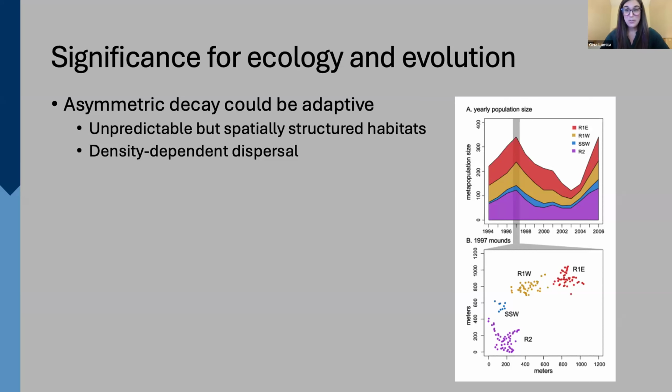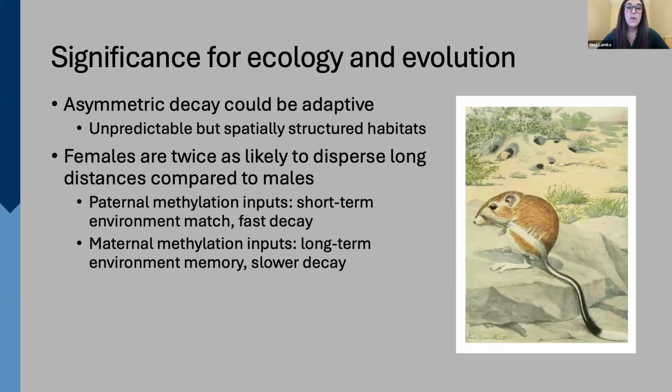But what's really cool about this is that females are twice as likely to disperse these long distances compared to males. So what we're seeing in this epigenetic profile is that these paternal methylation inputs show a short-term environmental match, likely due to that close proximity to the home mound, with a fast decay over time, whereas that maternal methylation input is having long-term environmental memory with a slower decay over time.